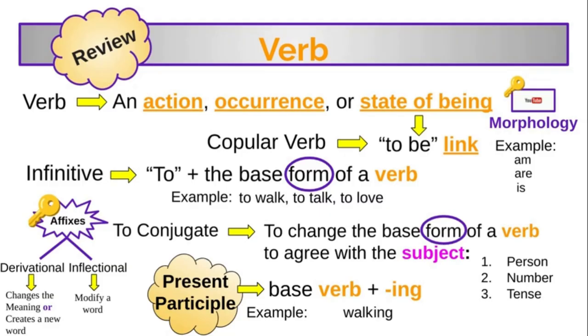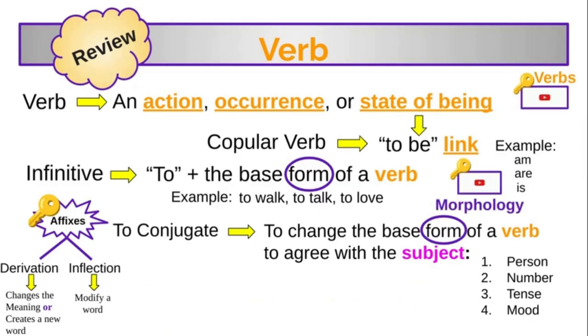We're going to add the ing suffix, and we have now changed the form of this base verb into the present participle walking. Okay, walking, which of course is the modified form of our base verb.